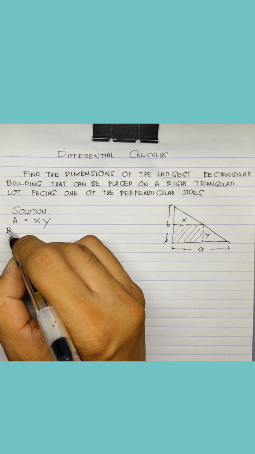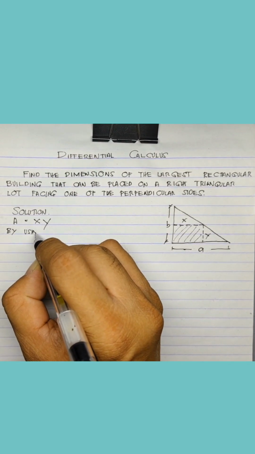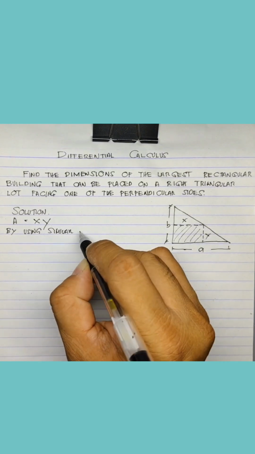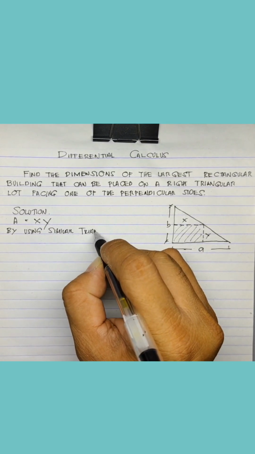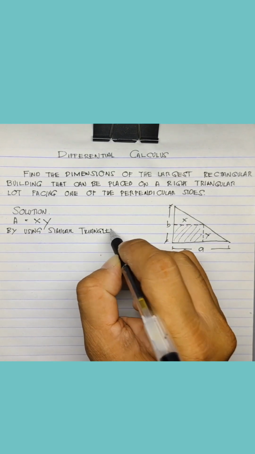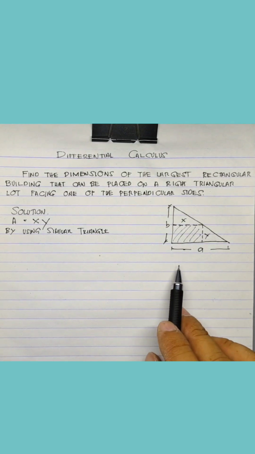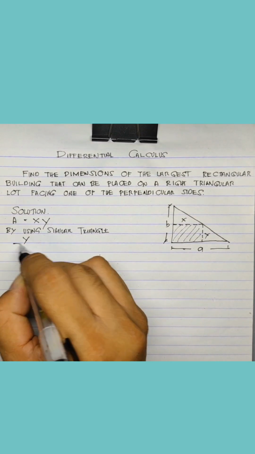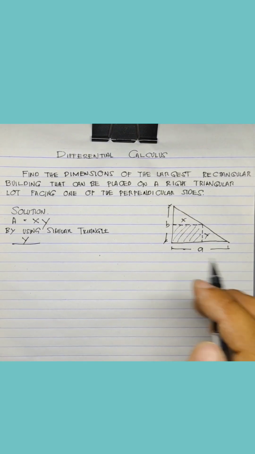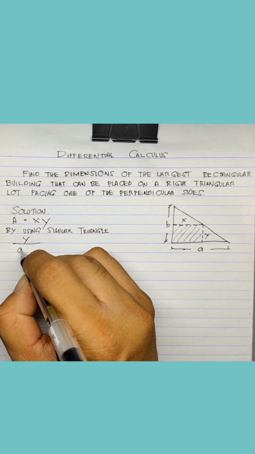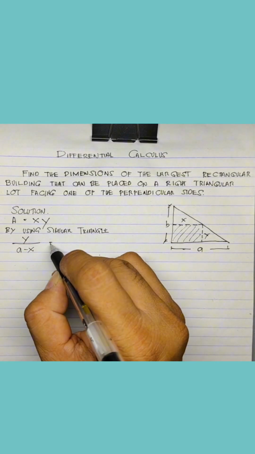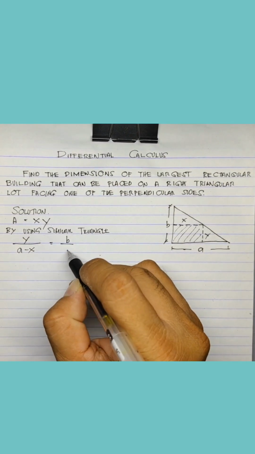So by using the similar triangle principle, Y over A minus X is equal to B over A.